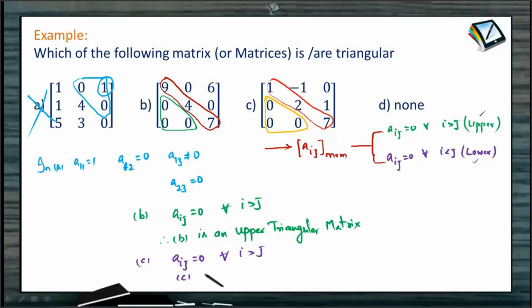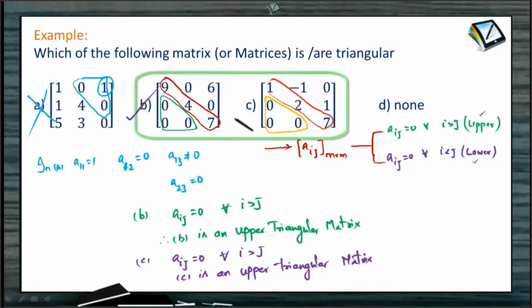So the matrix given at choice C is an upper triangular matrix, right? So what are the triangular matrices as per the requirement? Yes, the options presented B and C, both are triangular matrices. So which is a suitable option for this? Option B and option C both will satisfy a triangular matrix.